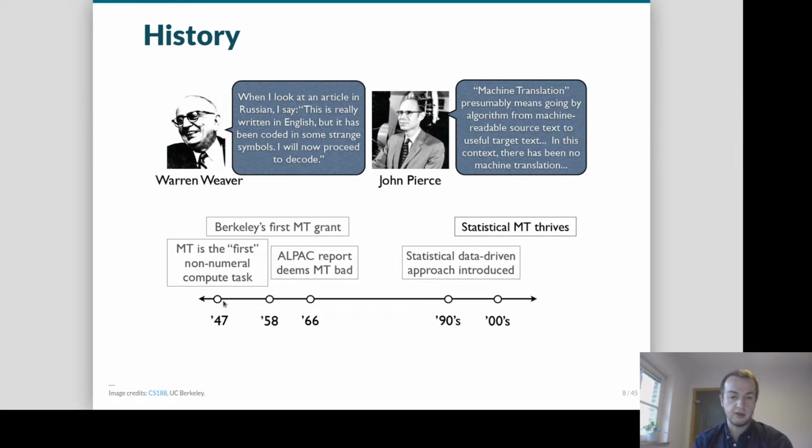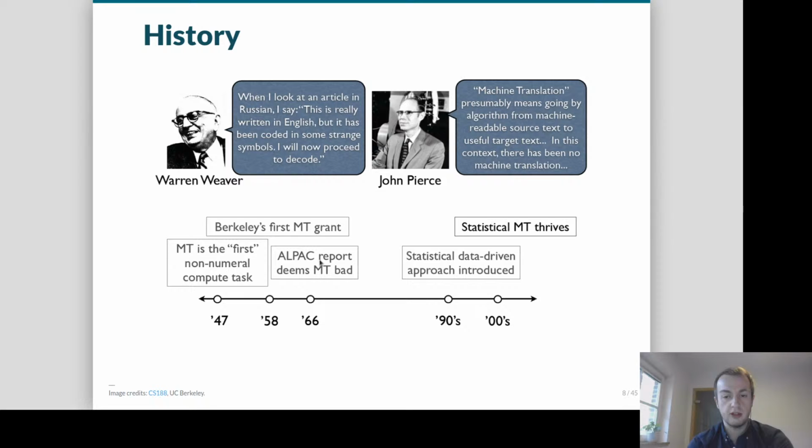And so there was a famous report which basically said that machine translation is bad, and that the current systems, at least at that time, did not have good enough performance, and we really needed a breakthrough to make a leap and make progress on this task.